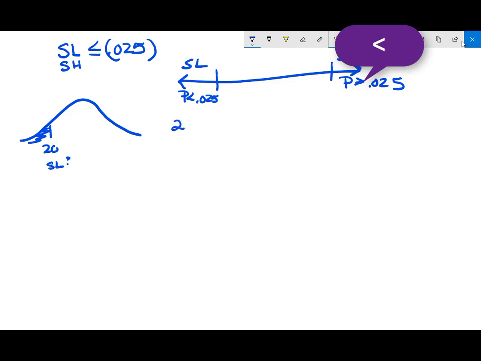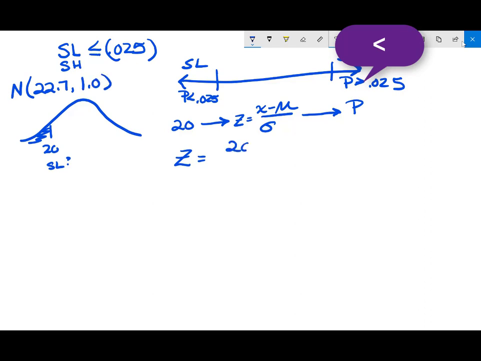So we're going to take our 20 and standardize it using our z-score, our score minus the mean divided by the standard deviation. And then we'll use that to find the probability. Oh, and remember for women it was normally distributed with the mean of 22.7 and a standard deviation of 1.